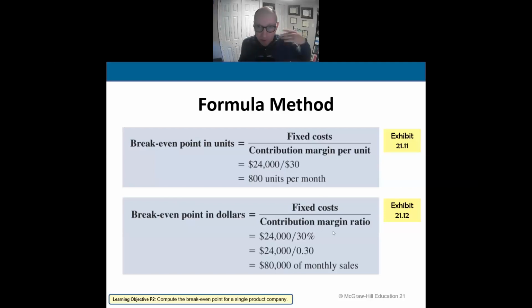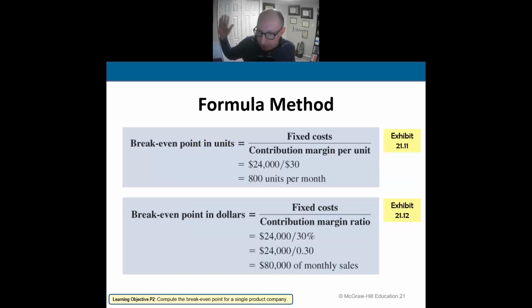I'm just trying to make it as understandable as possible because this is like the most important formula in business to understand. Anytime you're looking to start a business or you're doing consulting for another company, a lot of times they don't know if they're breaking even, because they didn't go to school or take this class.